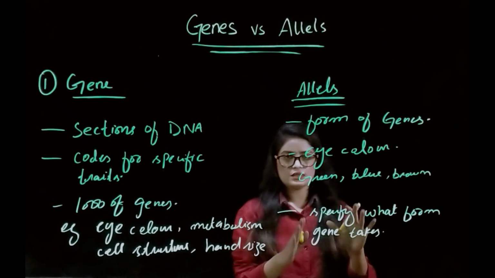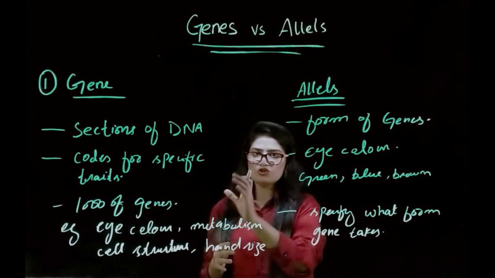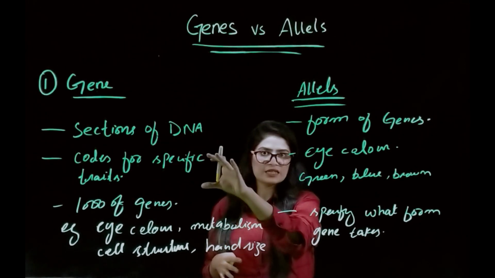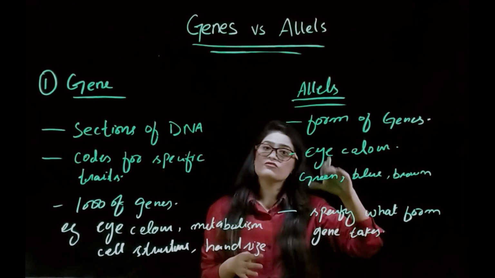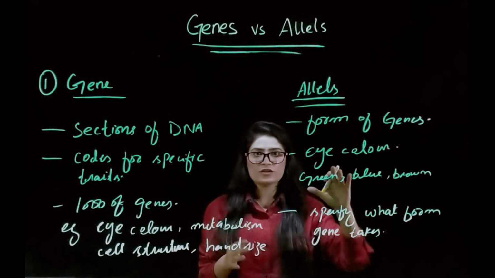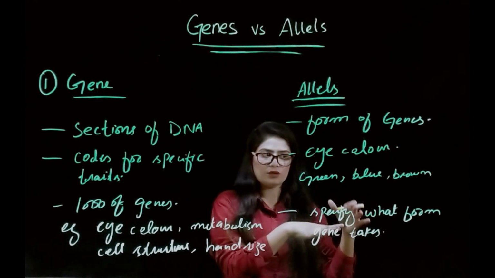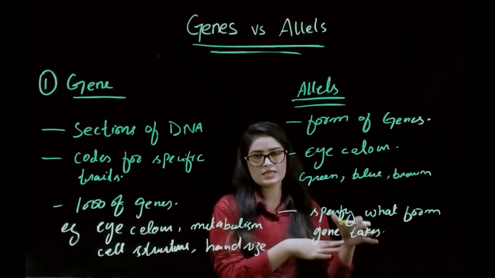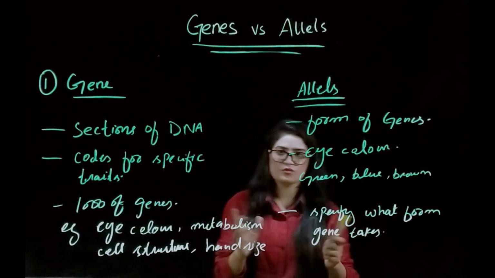This is the basic and very short difference between both of them. Genes are sections of DNA that code for specific traits, while alleles are the forms of those genes, and they specify what form the gene takes. This is the basic and very short difference between both of them.